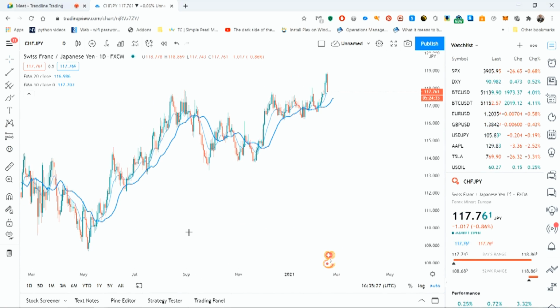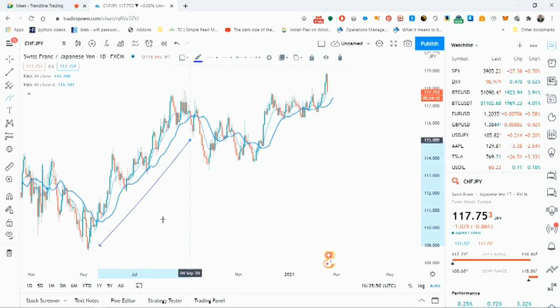Now, merely looking at the chart using your eyes, you probably wouldn't be able to notice price structure or price direction in terms of whether it's making higher highs or higher lows. So let me make this thicker so I can draw better. You can see that this market is heading higher in this phase, where it is making higher highs and higher lows.